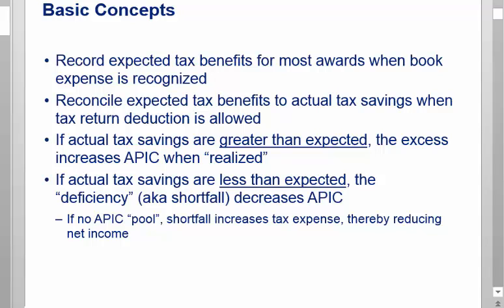And I would record a benefit now in the form of a DTA, because if it's a non-qualified option or a restricted stock or an RSU, I expect a deduction in the future, and that's what a DTA represents.